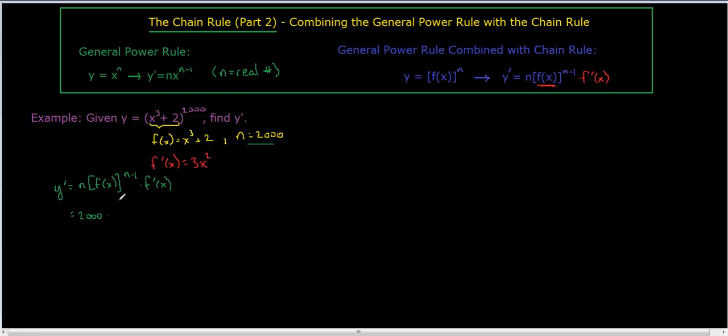And then f of x is x cubed plus 2, to the n minus 1, which is 2000 minus 1, or 1999, times the derivative of f, which is 3x squared.